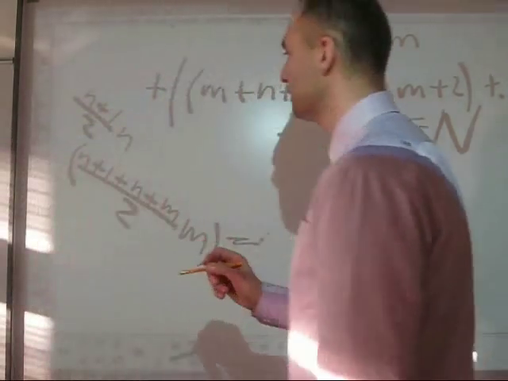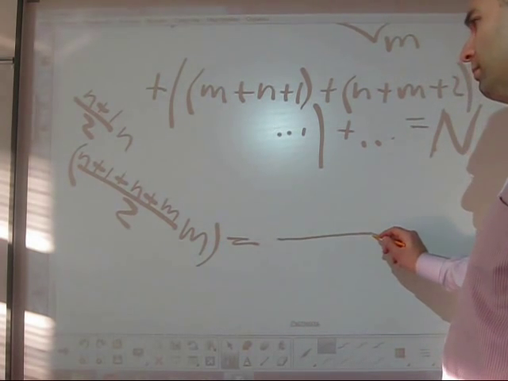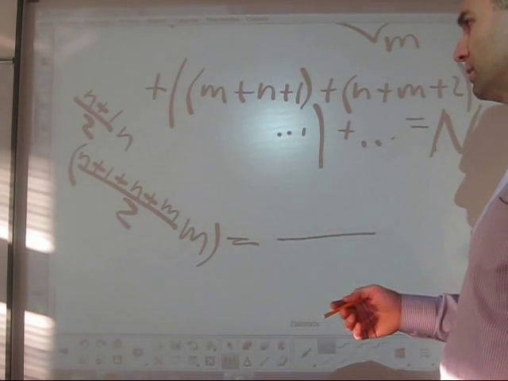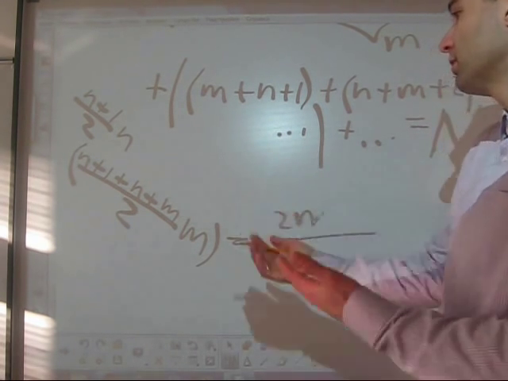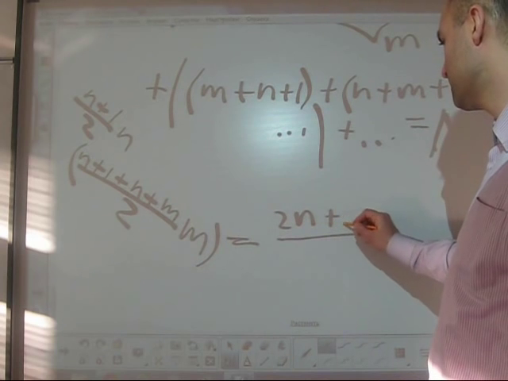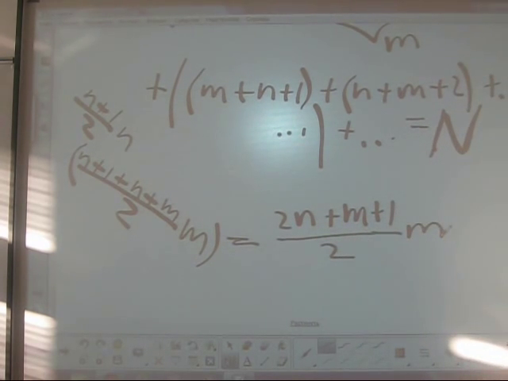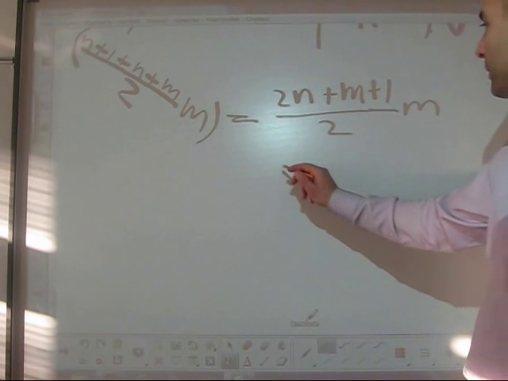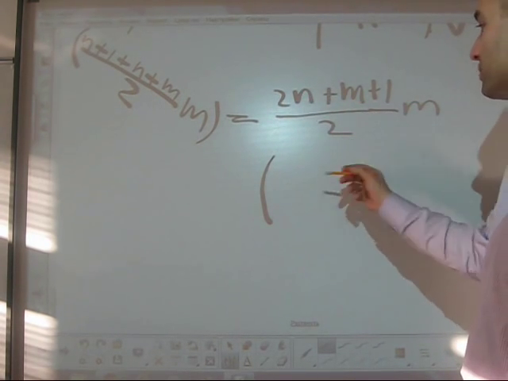So let's express it as a product of 2n plus m plus 1 over 2 times m. Now the 2n we can divide by 2.